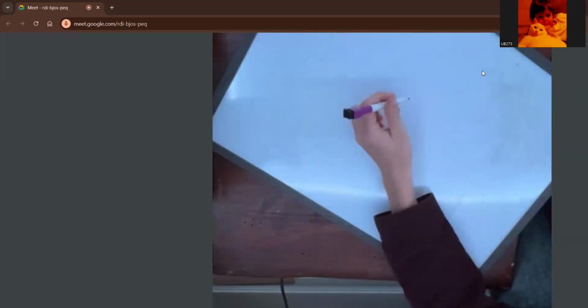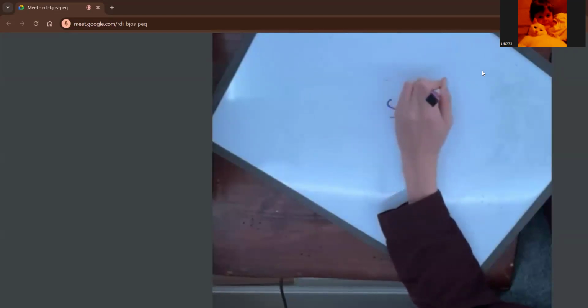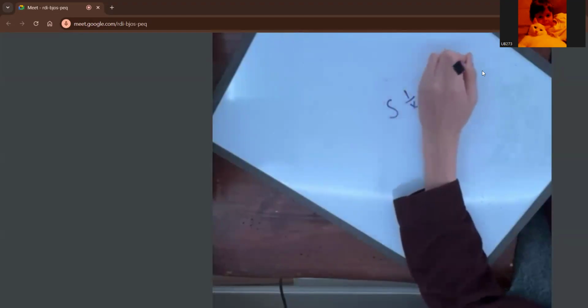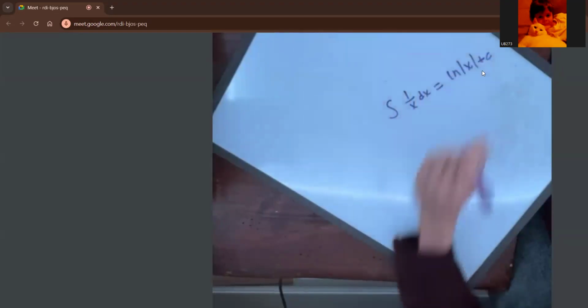I'm not going to go through the trigonometry ones because they're just the opposite of what you saw before. But there are some notable ones. You have this. It's going to be ln absolute value x.